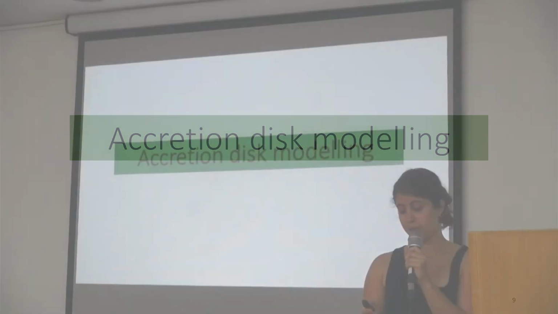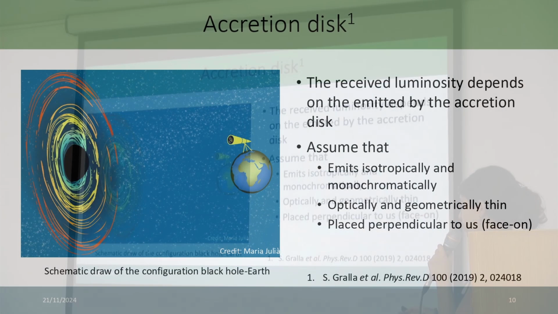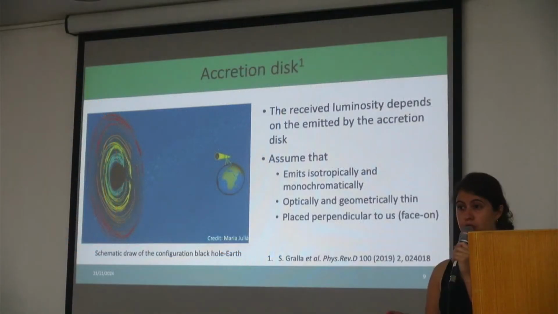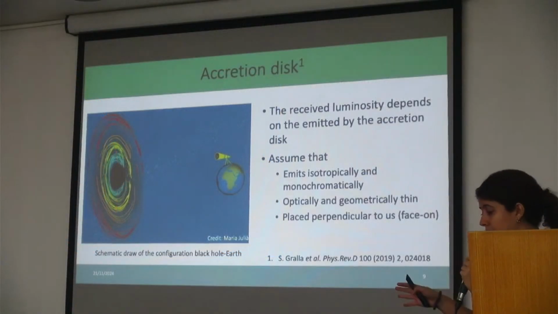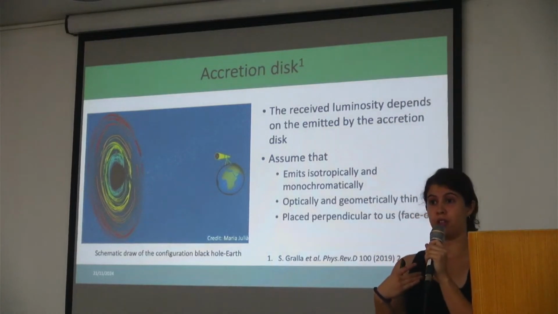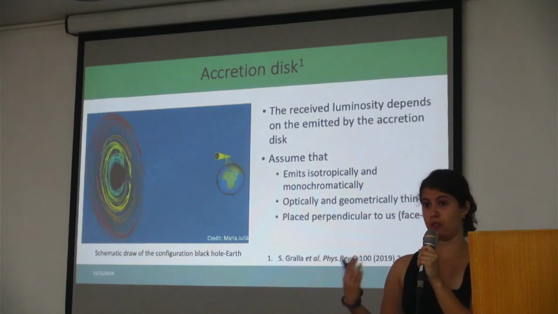So now it's time to talk about the accretion disk, and we choose the simple one. And actually it's based on the first paper about this topic by Gralla and collaborators. Okay, so basically the first thing that we assume is that the intensity that we observe is only dependent on the intensity emitted from the accretion disk.